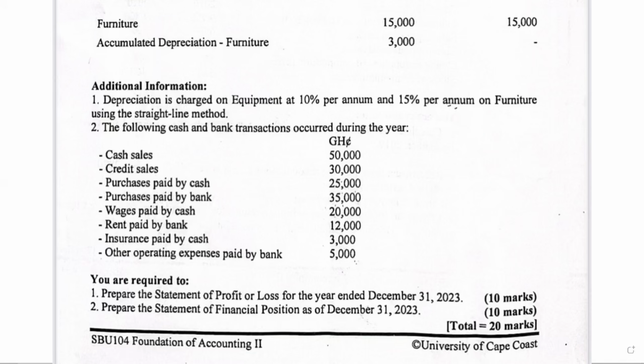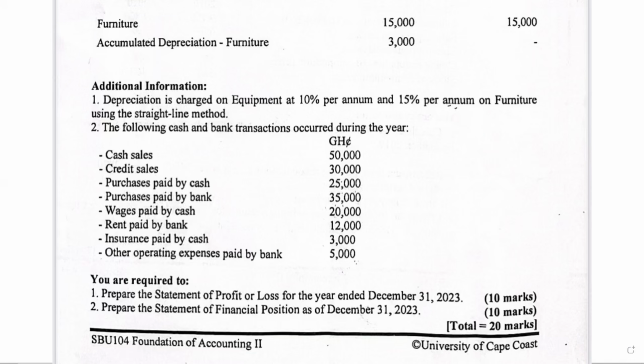The following cash and bank transactions occurred during the year. Cash sales 50,000, credit sales 30,000, purchases paid by cash 25,000, purchases paid by bank 35,000, wages paid by cash 20,000, rent paid by bank 12,000, insurance paid by cash 3,000, other operating expenses paid by bank 5,000.